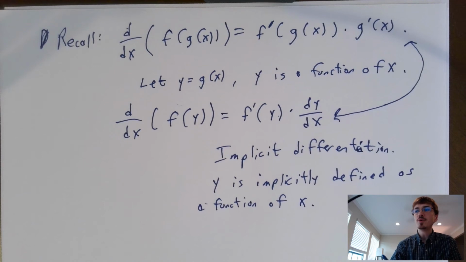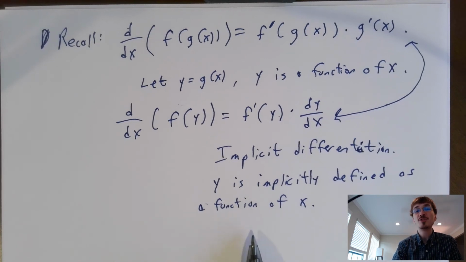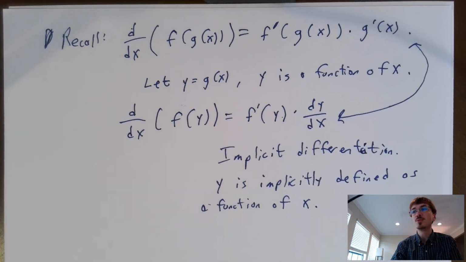And that's kind of cool. So this is going to be particularly helpful where we have an equation, but you can't explicitly solve for y. Not all equations you can solve for y, it turns out, and we'll see examples of that today.